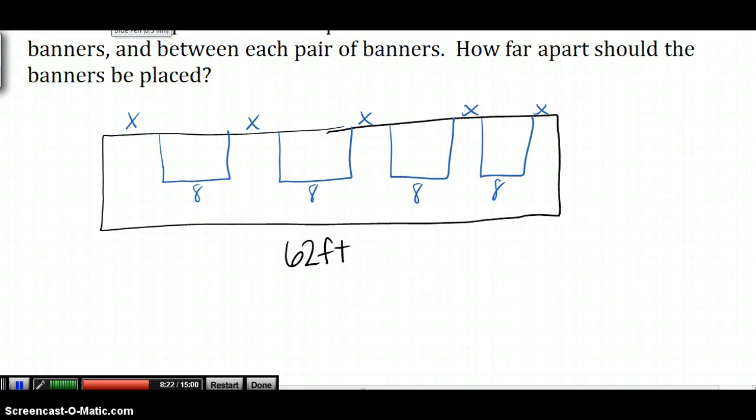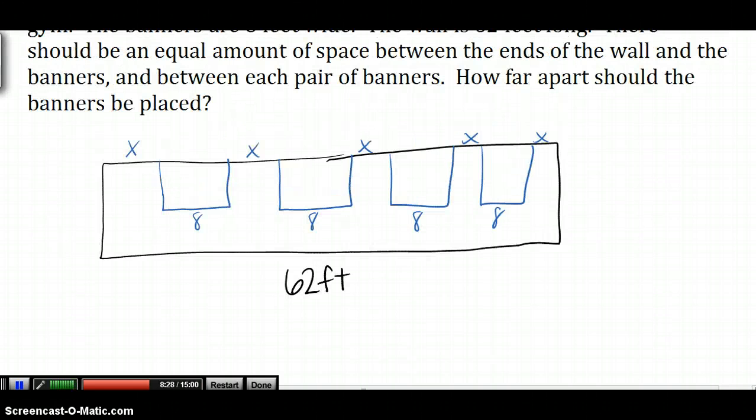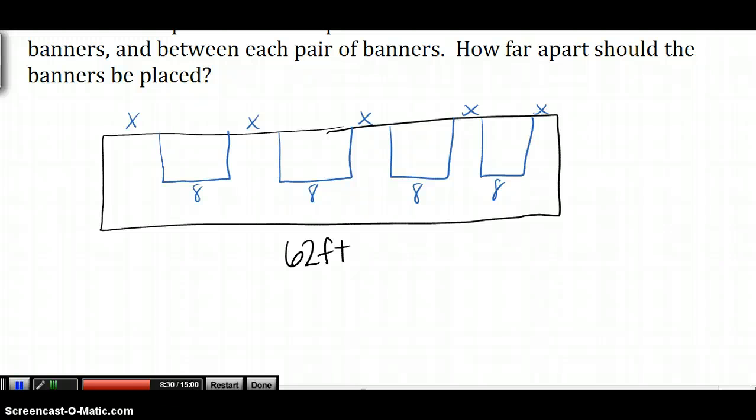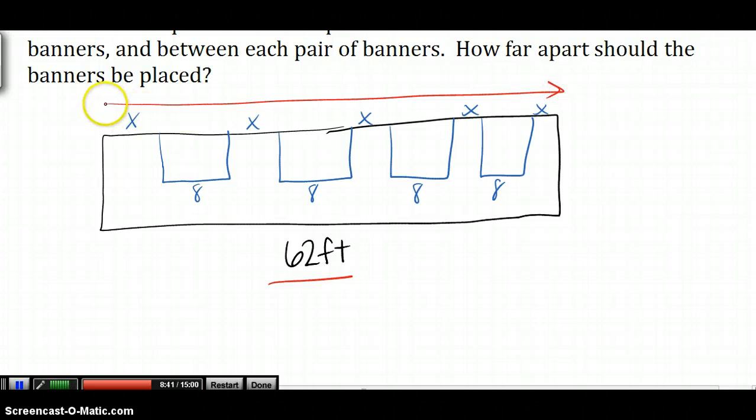Anytime you're solving for a variable, you're going to need an equation to solve for that variable. And the only way to do that is to use what you know. So, I think you would agree that this side is 62 feet. Well, this side as well, unless it's some weird oblong wall, is 62 feet, along with the bottom of the wall.